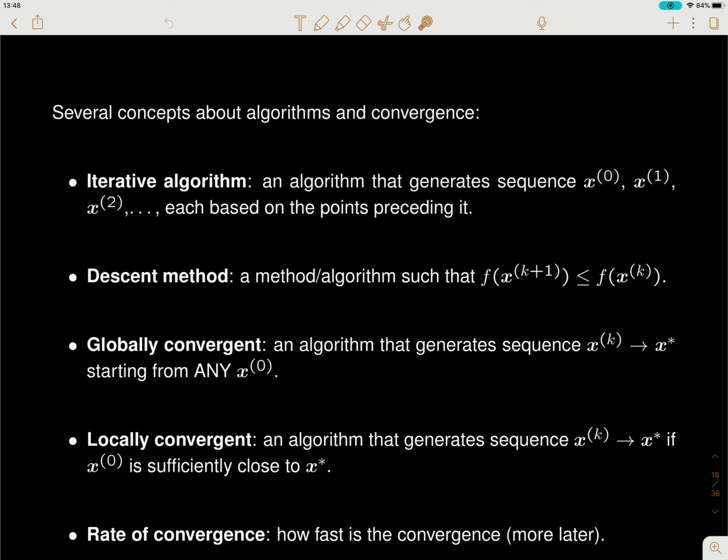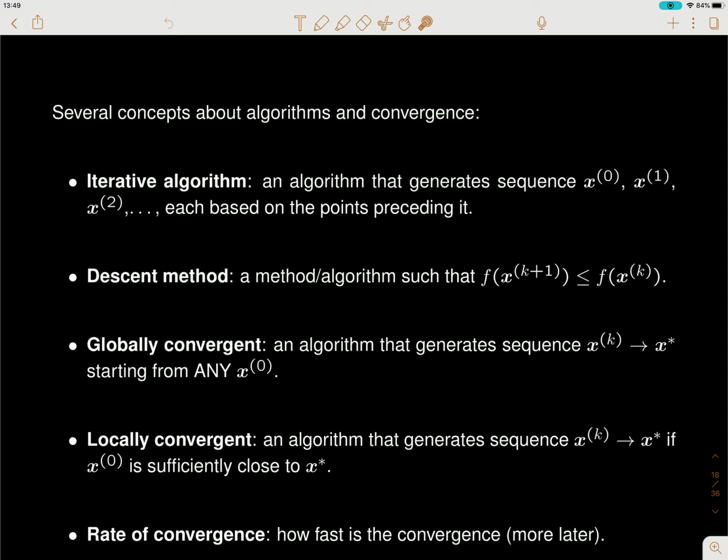That means starting from some initial guess, every time you move on to the new iteration, the new iterate generated will have a function value that is no larger than the previous function value. So say xk is what you already have, and then you generate the next point xk+1, and you realize this function value is no larger than that. This method is called a descent method.